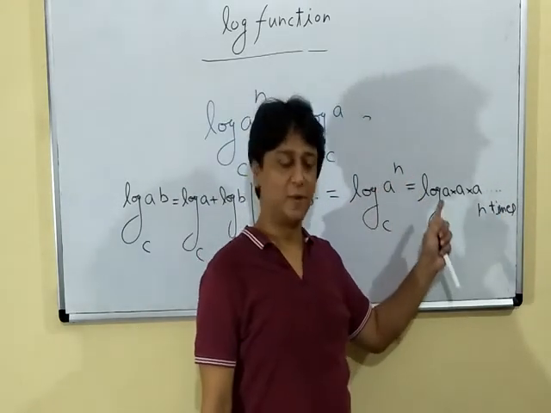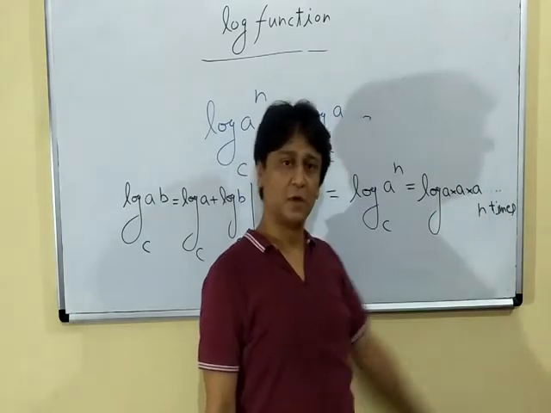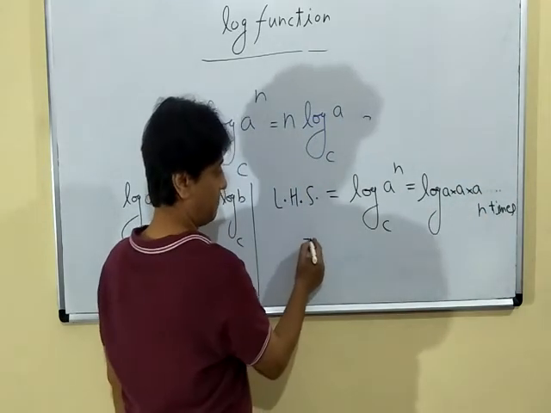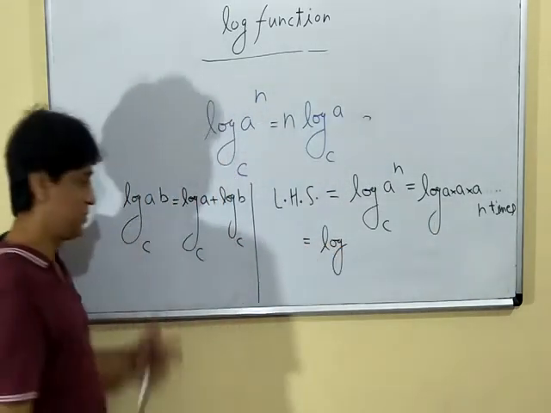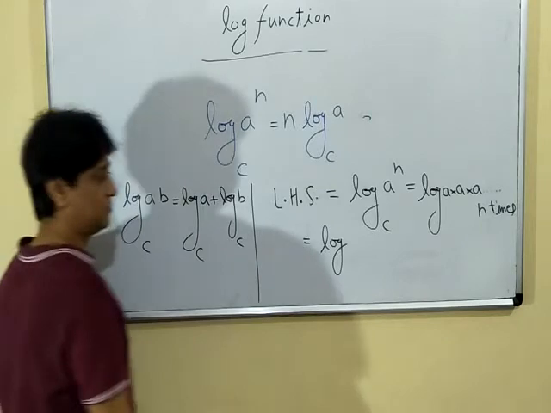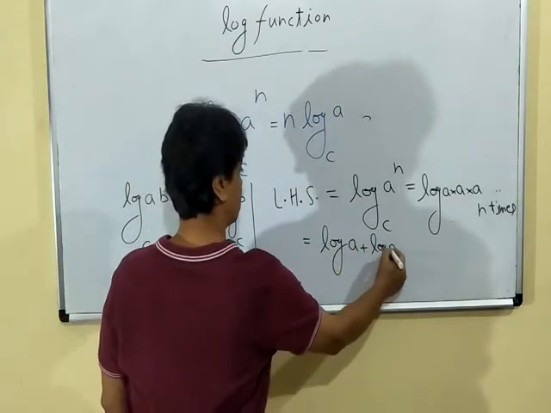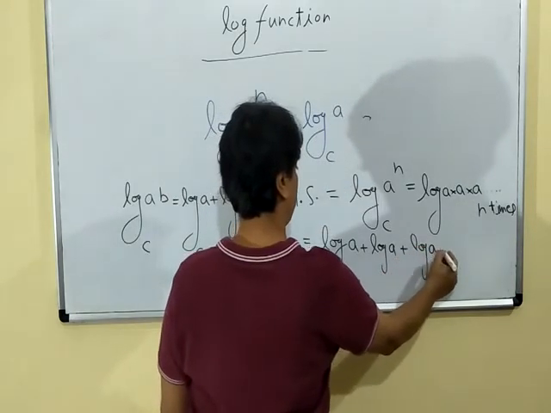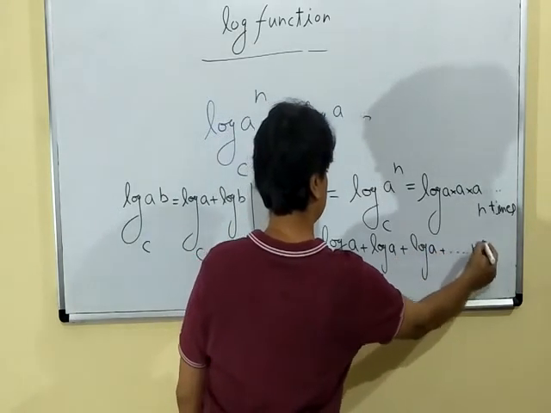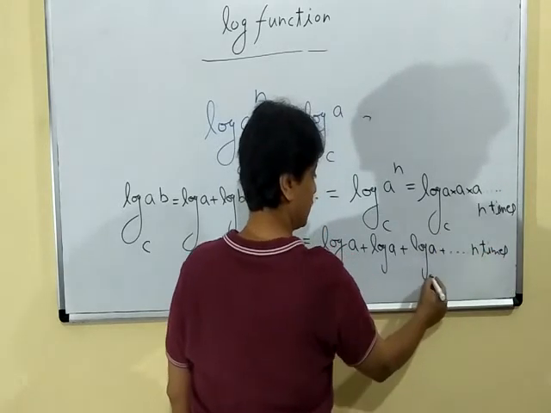a to the power n means you are multiplying a with a, n times, and therefore from this rule this becomes log a plus log a plus log a. How many times? n times. Same base.